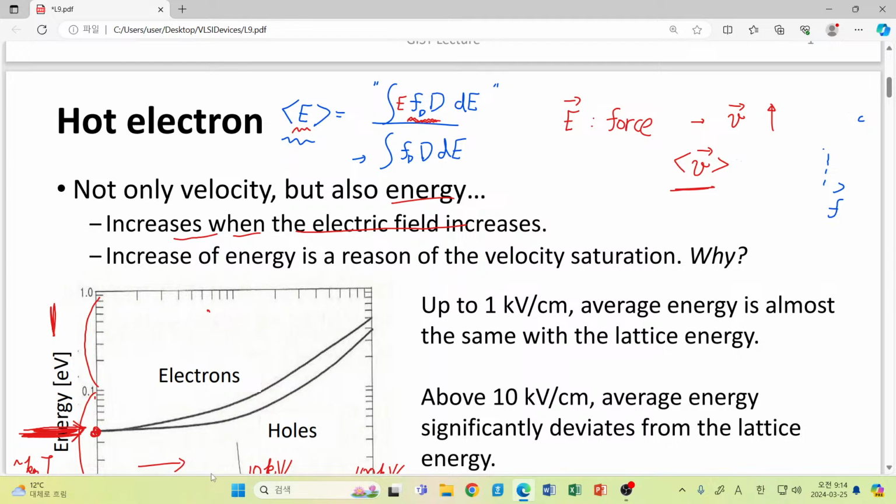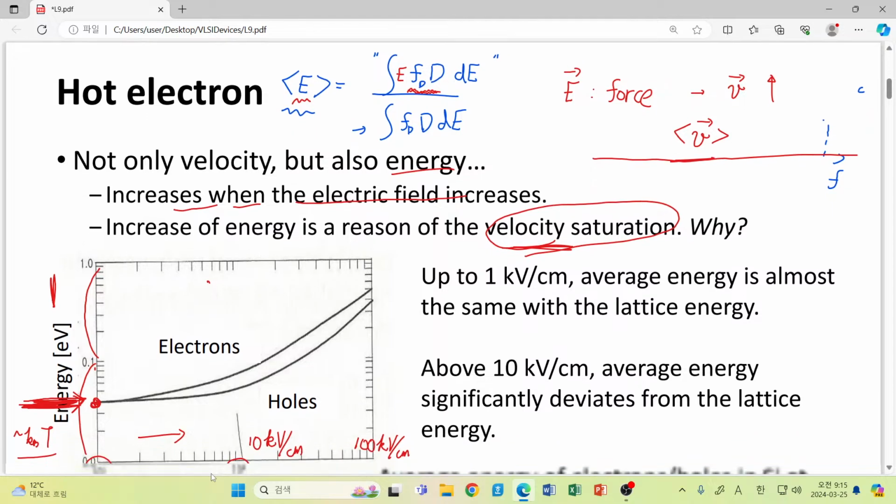However, please note that this has nothing to do with the phenomenon called velocity saturation. This is just a terminal velocity, although I have to be careful because terminal is also used for our semester in a different context. So let me just say there is a certain velocity, but this is not related with velocity saturation.